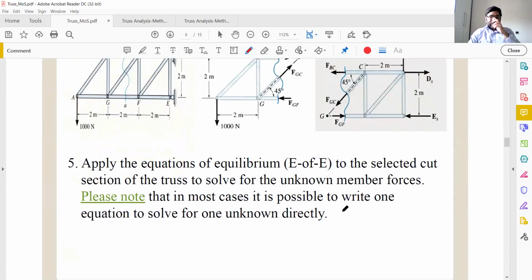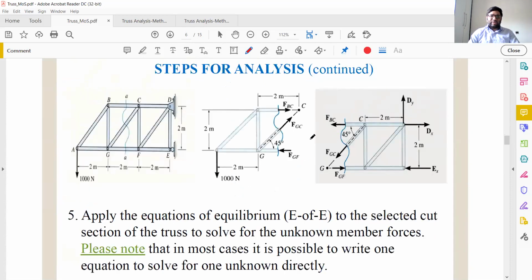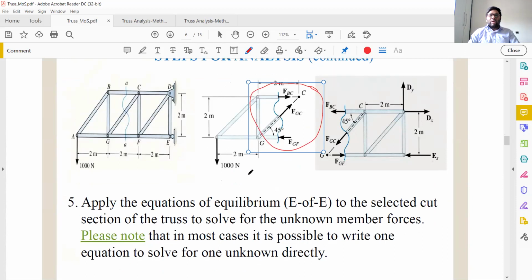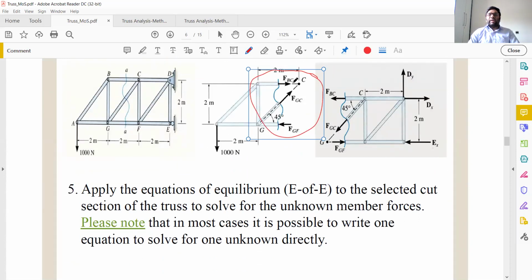Now in the last step, we need to apply the equations of equilibrium to the selected cut section, for example sigma Fx equals 0. Once we write sigma Fx equals 0, what will we get? FBC plus FGC. See here, all of you can see on the screen, this is an inclined member.